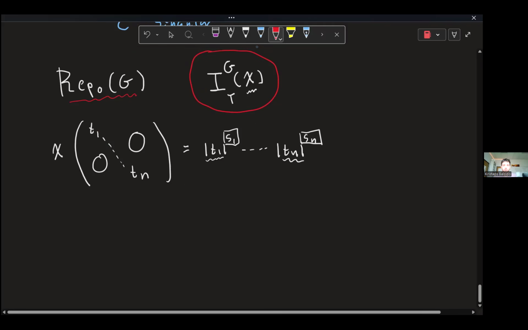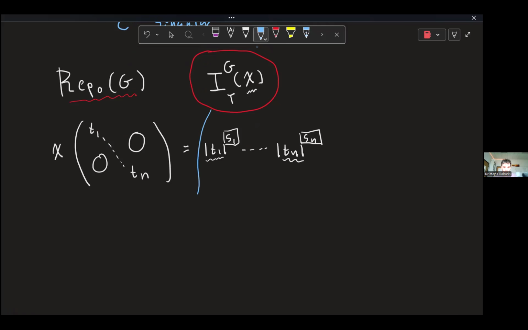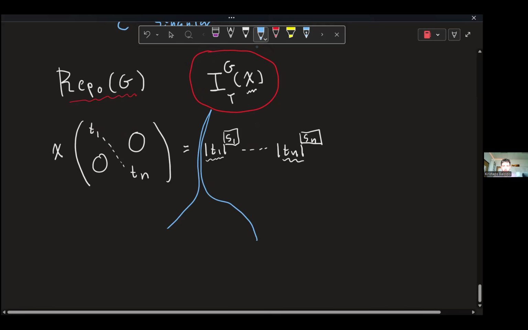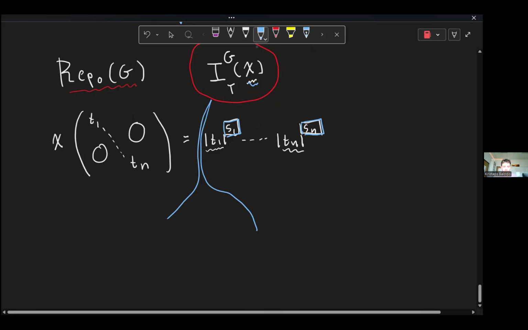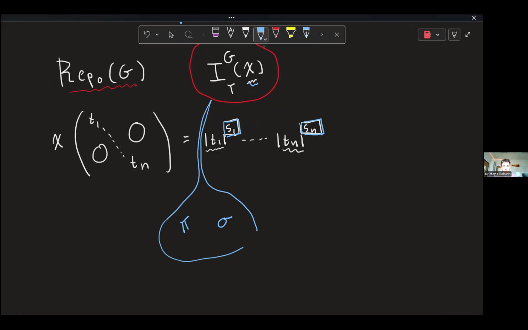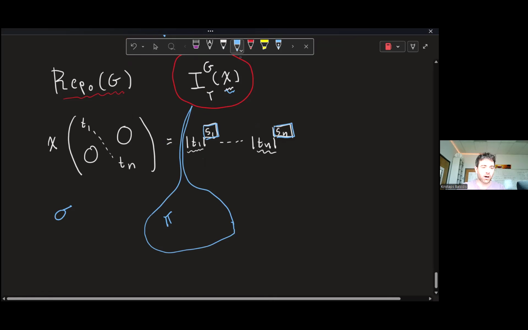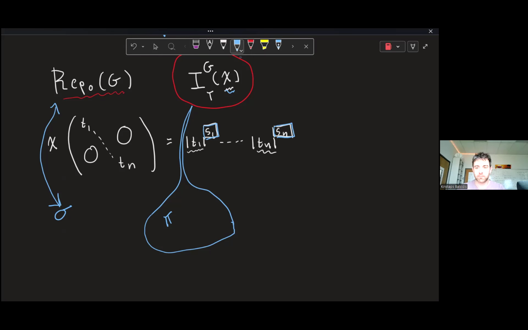One other special feature of this is, let's say we fix some character chi, which is to say really just fixing a list of n complex numbers, s1 through sn. Suppose I have an irreducible representation pi that shows up in this induced representation, and I have some other irreducible representation sigma belonging to this summand of the category.